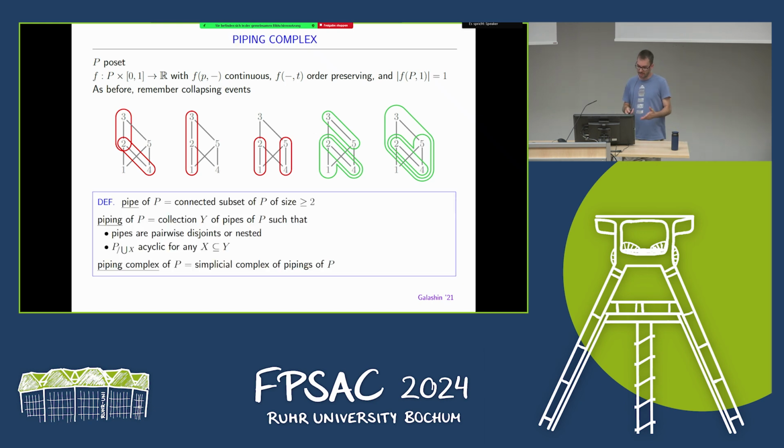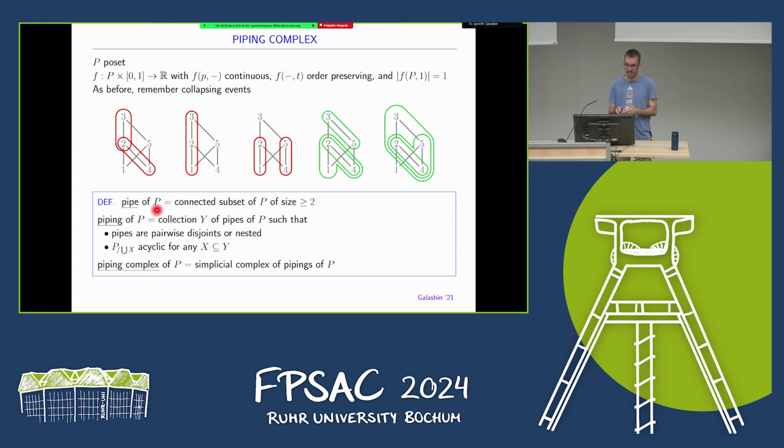So the poset Acyclonestohedron, combinatorially you have a set of pipes. The pipes are connected subsets of your poset of size at least 2. And a piping is a collection of pipes, so that the pipes are pairwise disjoint or nested, so I cannot have this problem. But also, if I take any subset of my pipes, and I take the union of this subset and quotient my poset by this union, I should have something acyclic.